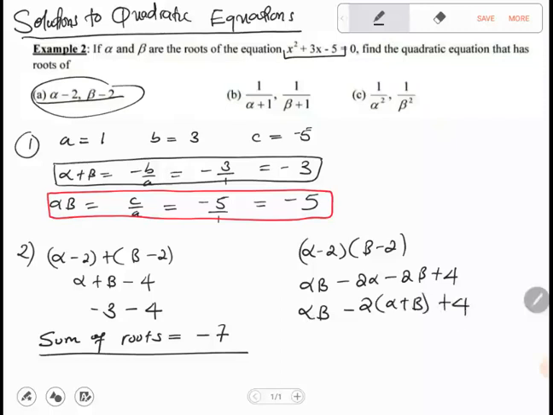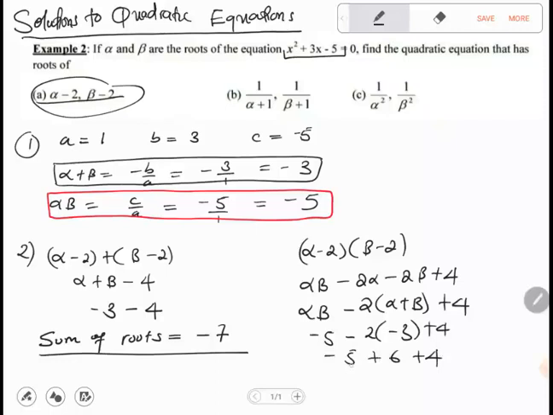We know what alpha times beta is. It's just negative 5. So put negative 5 there, minus 2. Alpha plus beta is just negative 3, plus 4. This will give us negative 5, plus 6, plus 4. Okay. Then, what do we get?